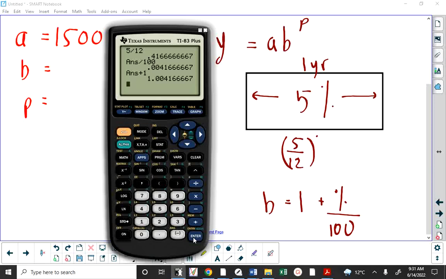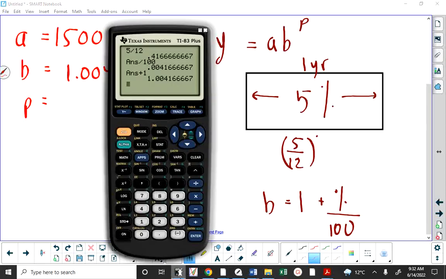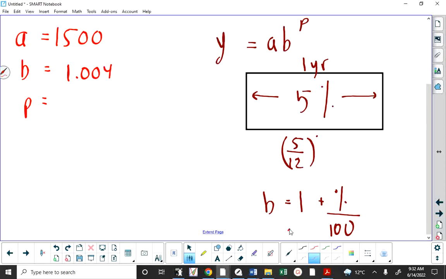So anyway, B is 1.0416 repeating. And P is the period of time it takes to happen. Well, that's 1/12th of a year. So we're dealing with a lot of decimals here.